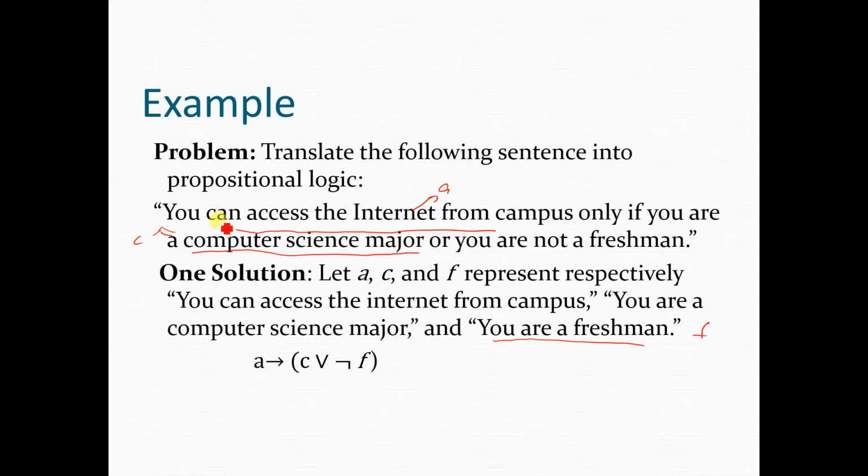So in this way, you can write this English sentence in this form: A implies C or negation F. You are not a freshman means negation of F, because F represents you are a freshman. So this is another example.